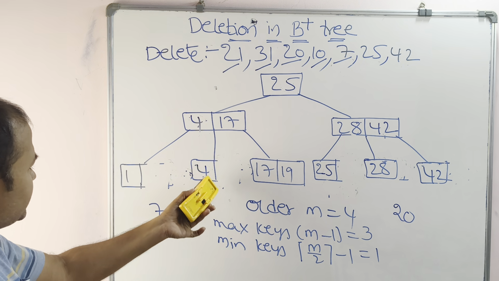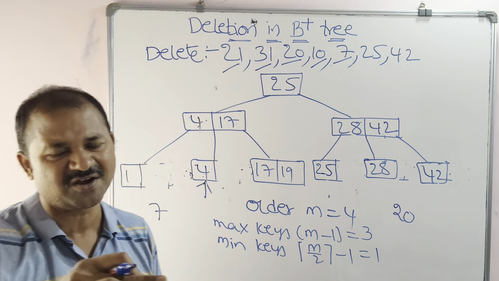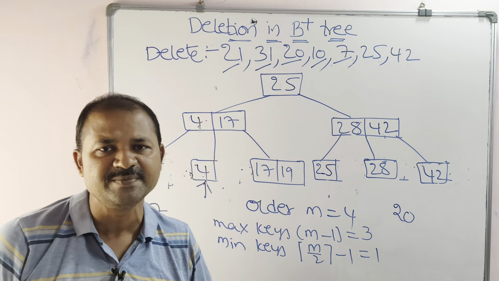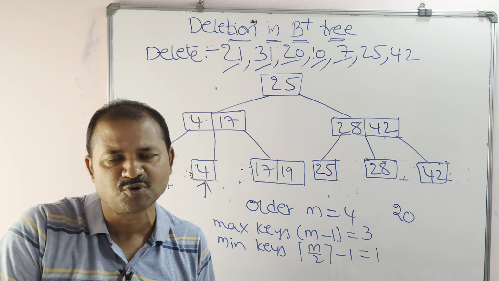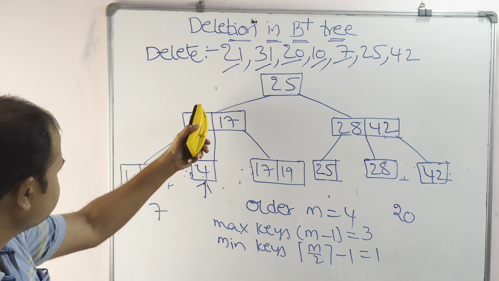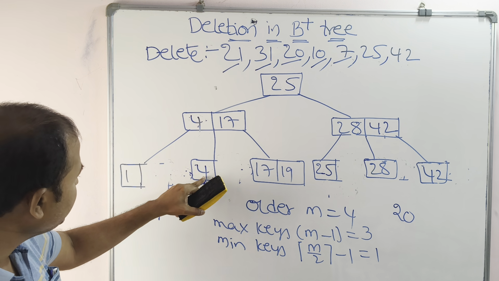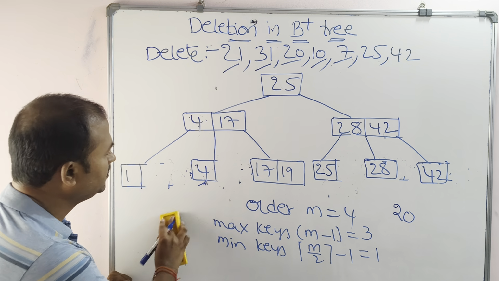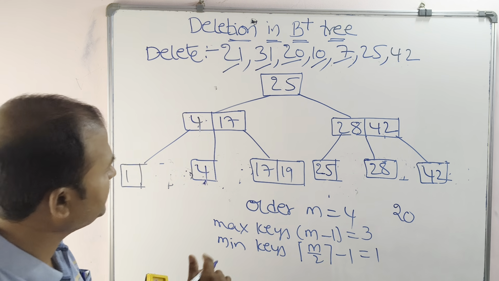So after removing 7, this is the output. Simply we are following B tree conventions only. So if the node is containing only minimum number of keys, then we have to borrow either from left or right sibling. Okay. So here 1 is less than 4 and 4 is equal to 4. So it is satisfying the conditions. So no need to make any modifications.